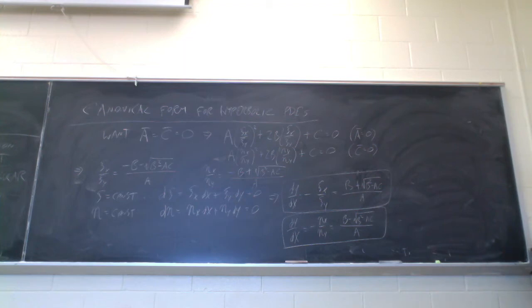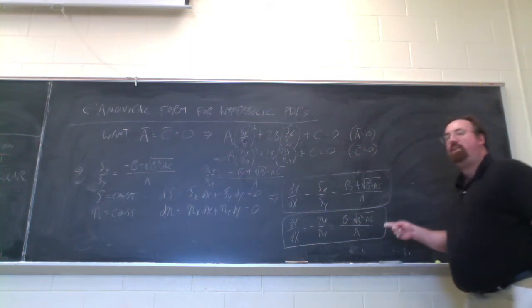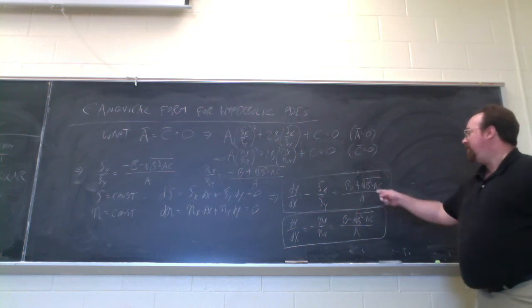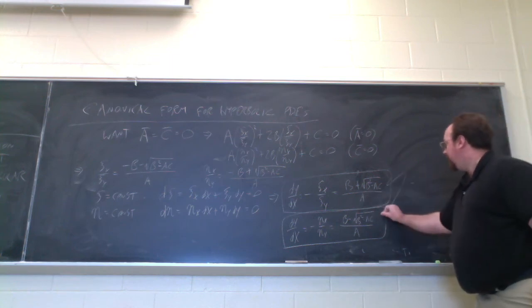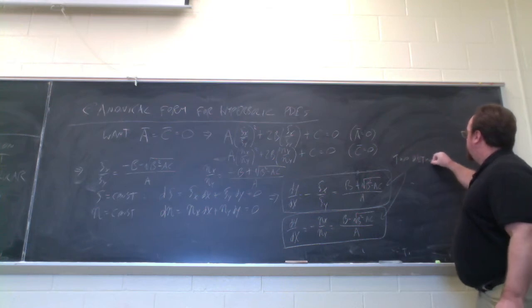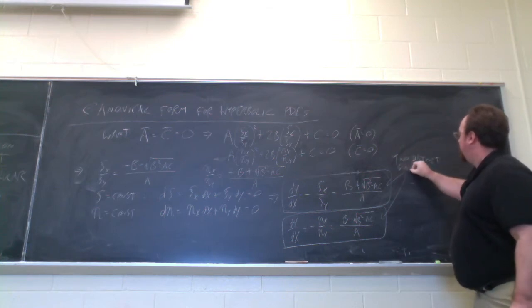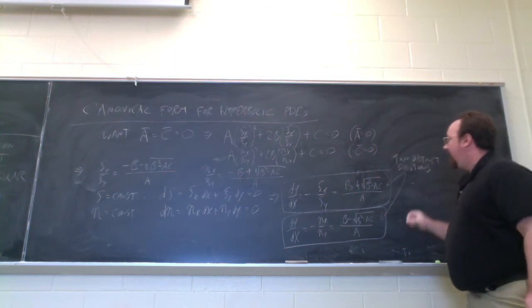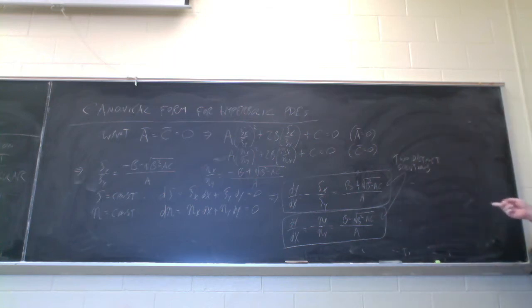Now the thing is, b squared minus ac, we know this is positive, so we know we're going to get two distinct solutions in a hyperbolic case. So far, I haven't really used the hyperbolicity yet.